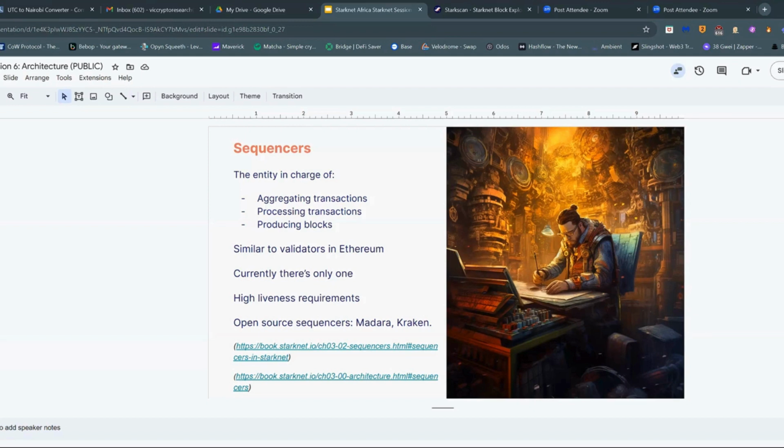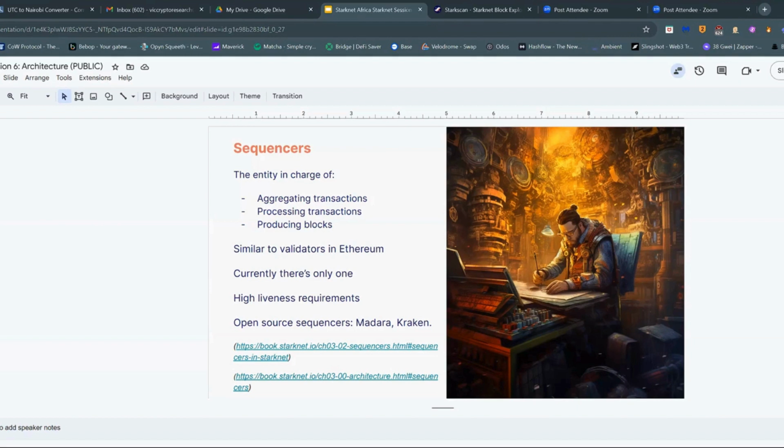And because Starknet is able to scale Ethereum, one way that Starknet is able to achieve this is through the sequencer being able to process transactions way faster and more transactions than a node is able to do on Ethereum mainnet. So this is one of the ways in which Starknet is able to scale Ethereum, through being able to handle a lot of transactions concurrently.